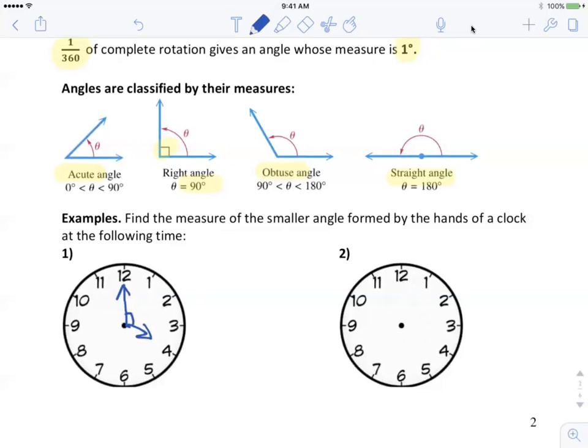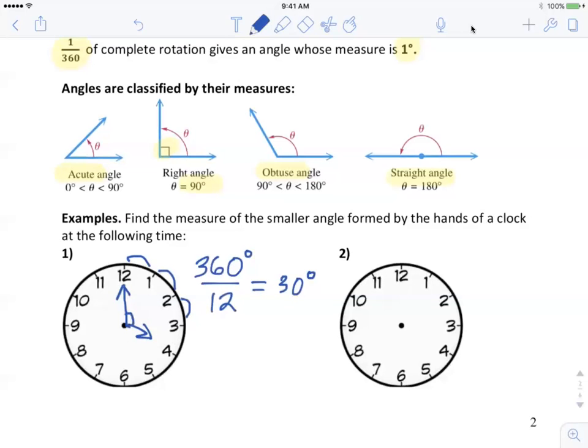Okay, so we're going to use the fact that one full rotation is 360. And then in a clock, I know there are these little 5-minute segments. There's 12 of them. So I could take 360 degrees, divide that by 12, and that's 30 degrees, right?